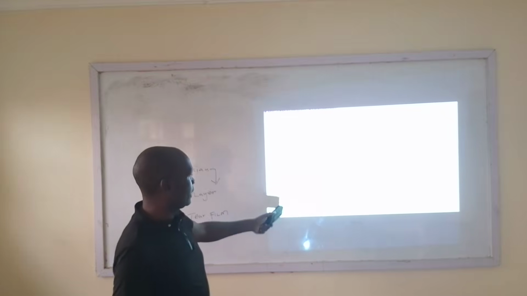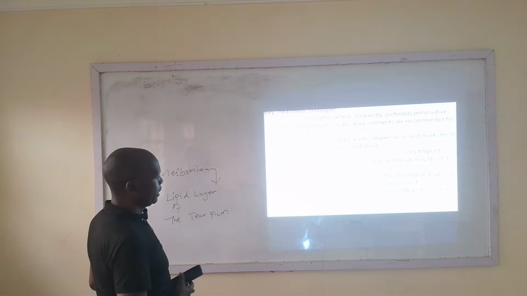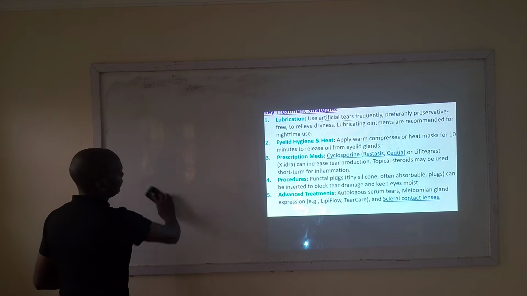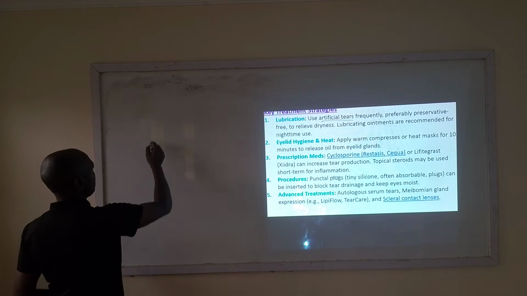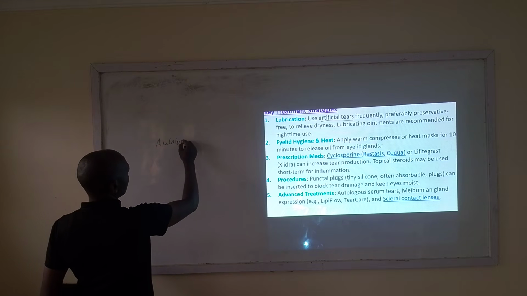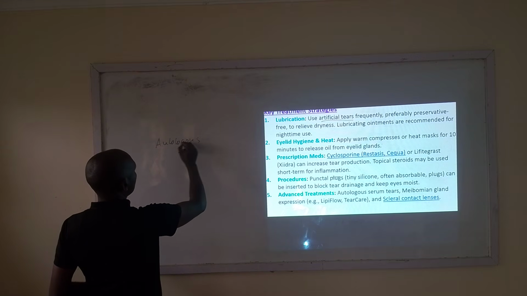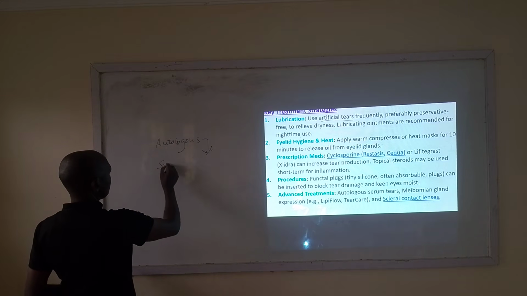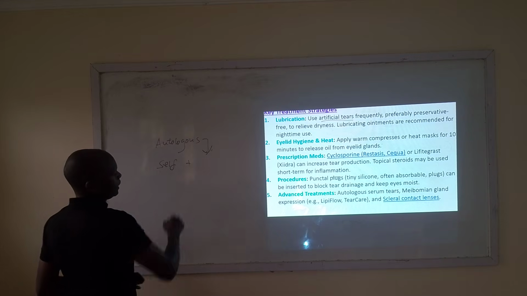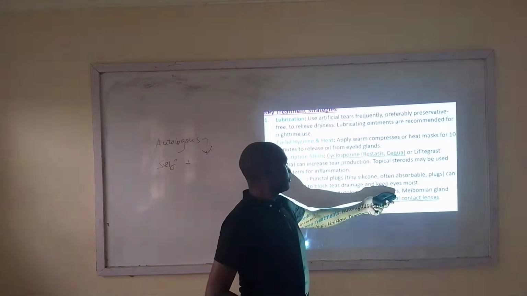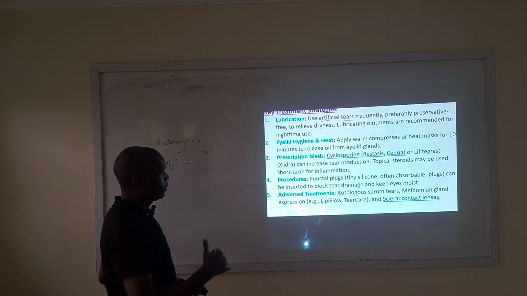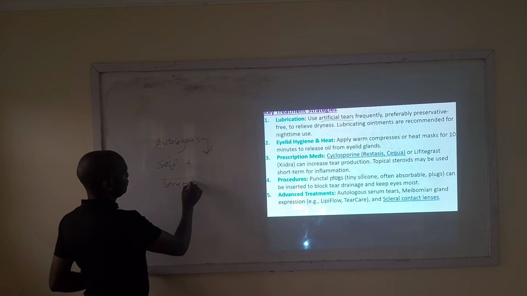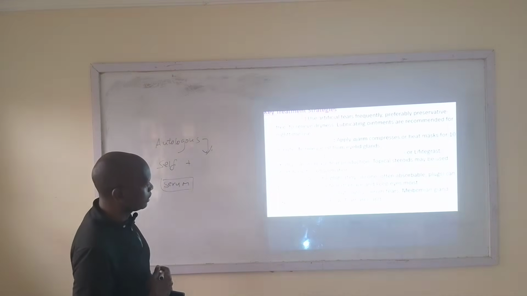We also have advanced techniques whereby you use autologous serum tears. The word is autologous. This means a sample from your own body. Serum tears are produced from your own serum, not from another person, yours.